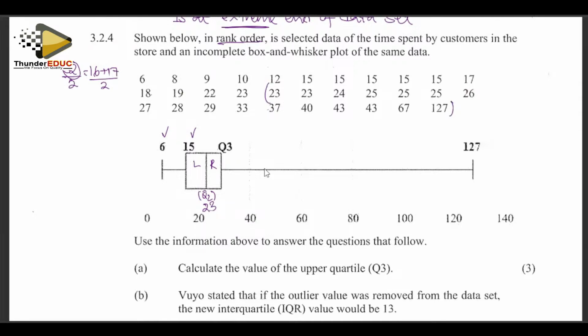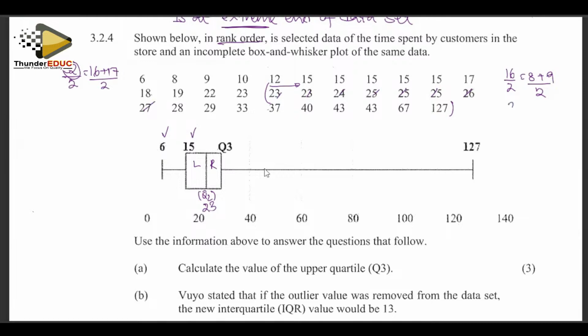So now, of these values, I'm remaining with 16 values. Still, 16, if I divide by 2, I'll remain with 8 numbers. That means I will add the 8th and the 9th number. That's what I'm going to add. So from this side going on, I'll count 8 numbers: 1, 2, 3, 4, 5, 6, 7, 8.